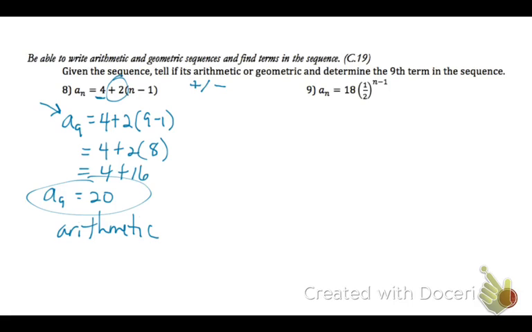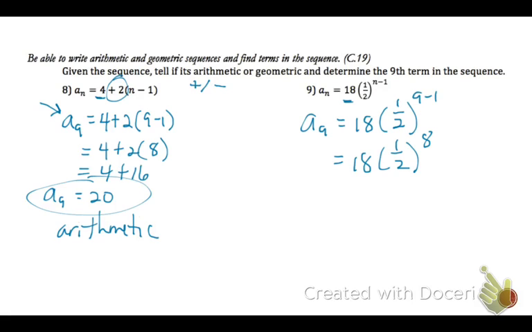Now in number 9, you can tell this is a different setup. So our beginning term is 18, and then it's being multiplied by a half. So when you have a multiplier, you've got a geometric sequence. So we can plug in 9, 18 times 1/2 to the 9 minus 1, or the 8th power. Now you can put that in your calculator as you see it, and it's going to give it to you as a decimal answer.